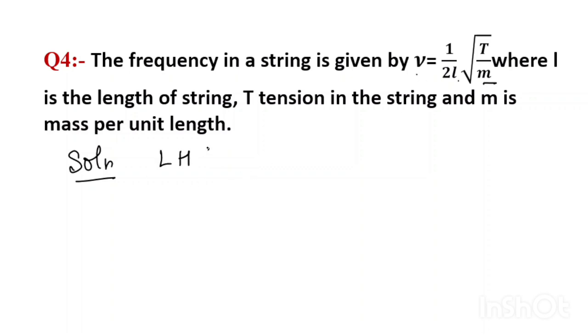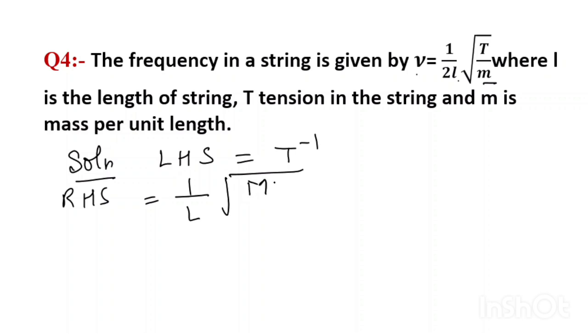So on the left hand side, the dimension of frequency is T minus 1. Now come to right hand side, 1 upon dimension of length is L into root. Dimension of tension is M L T minus 2 and m is the mass per unit length. So dimension is M L minus 1.